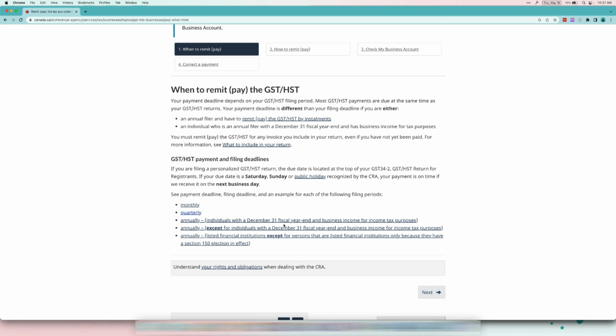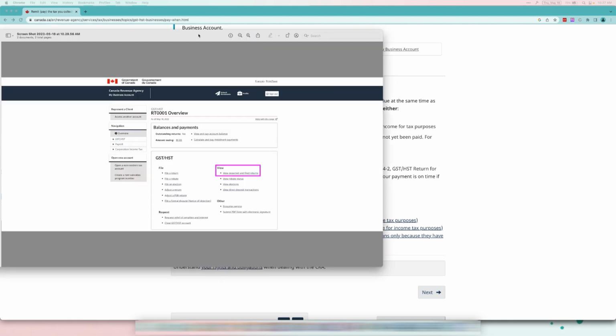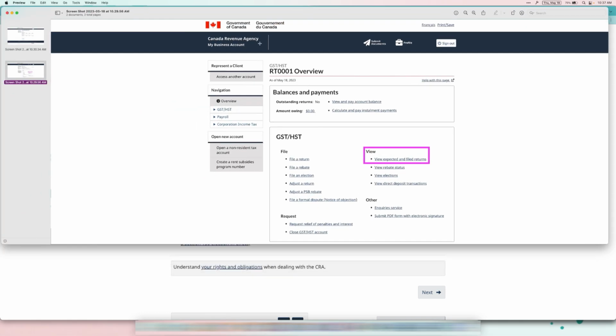So the best way to actually find out when you have to file and pay, because they're due on the same day, is actually here. Log in to your CRA My Business account. Go to the HST portion, and once you're there, you can see it says View Expected and Filed Returns.